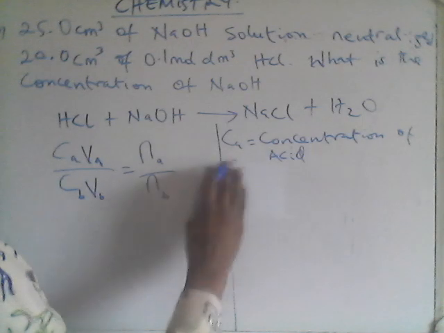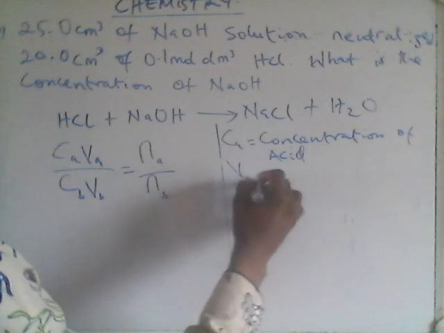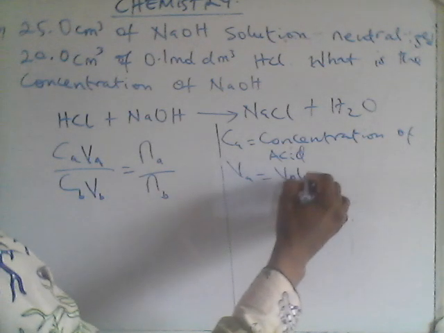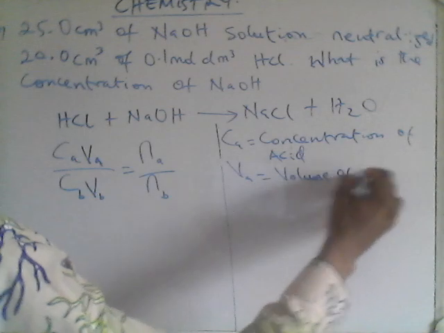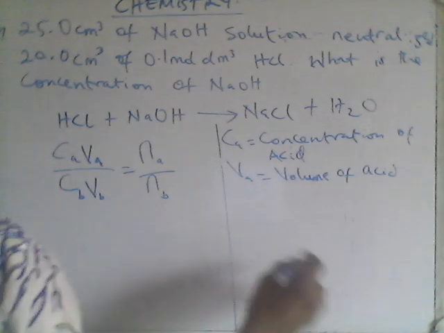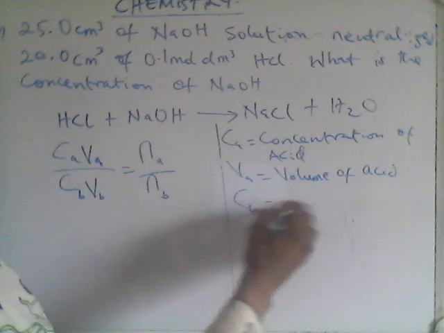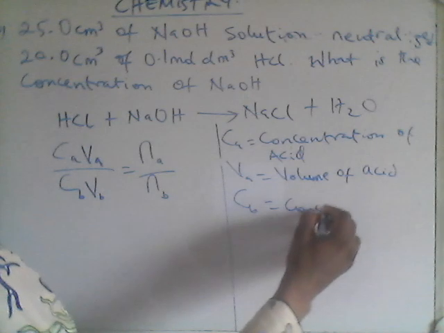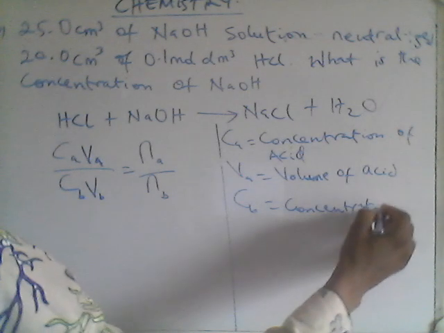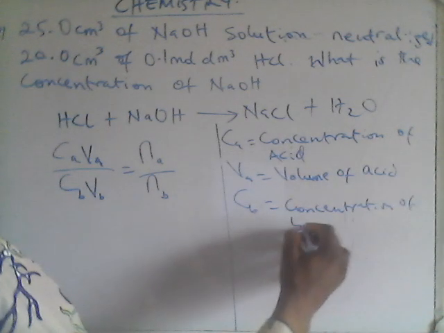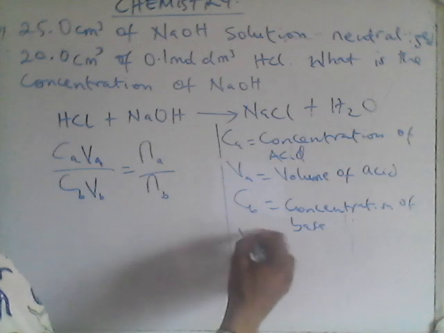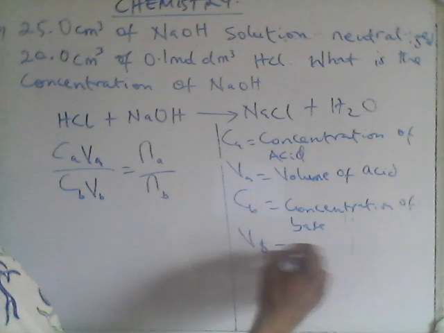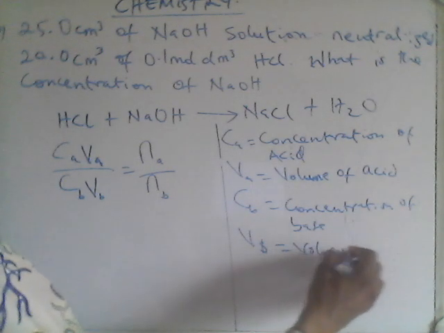Va is volume of acid. Then Cb is concentration of base, we have to look for this one. And Vb is volume of base.